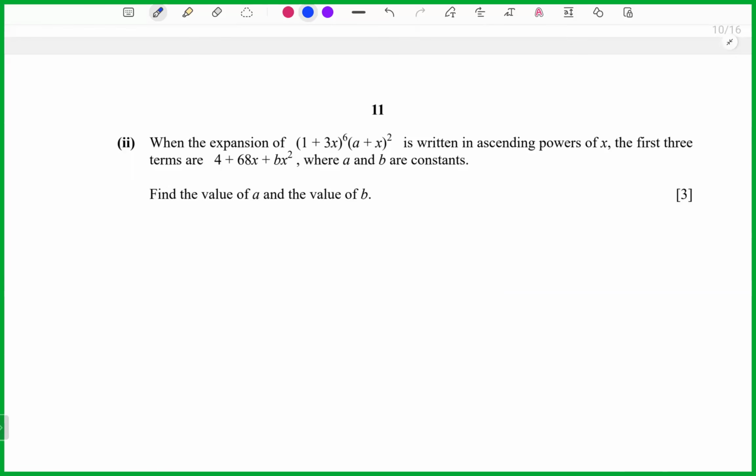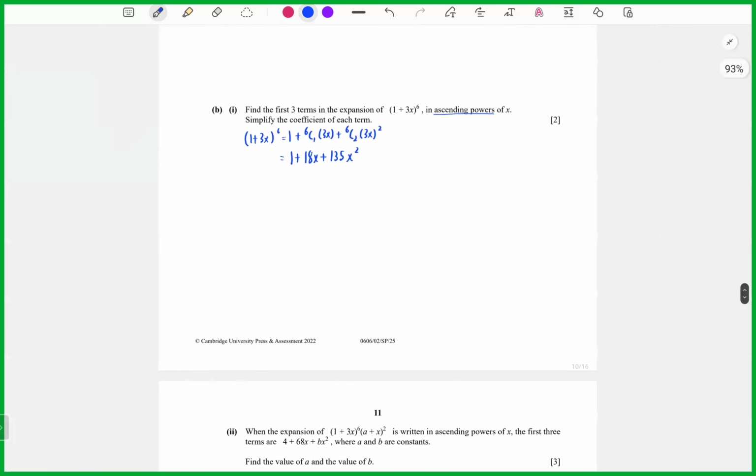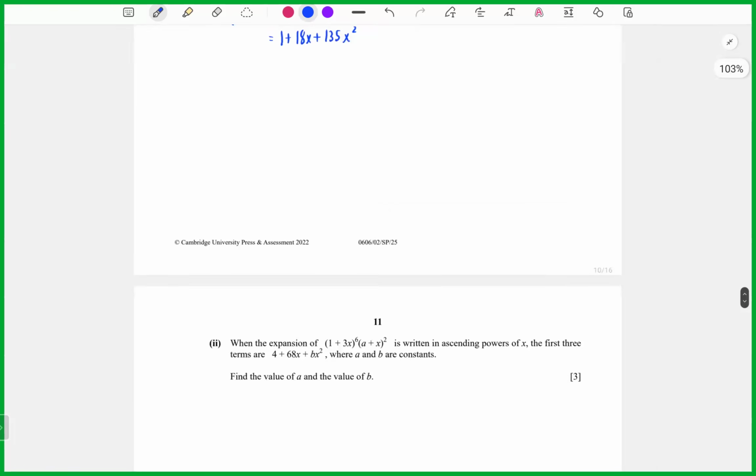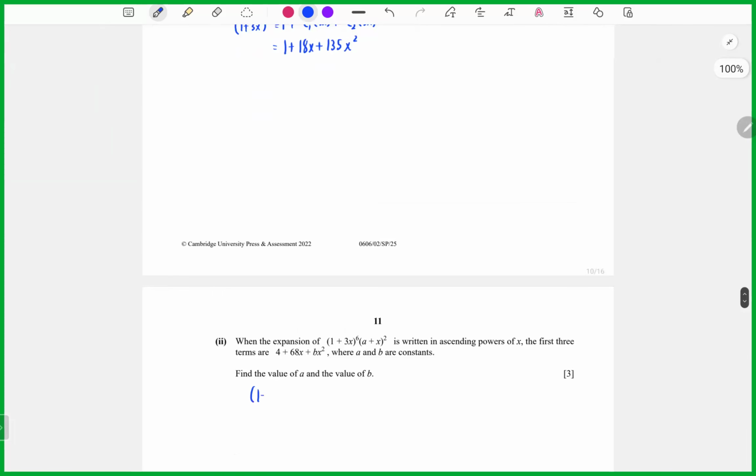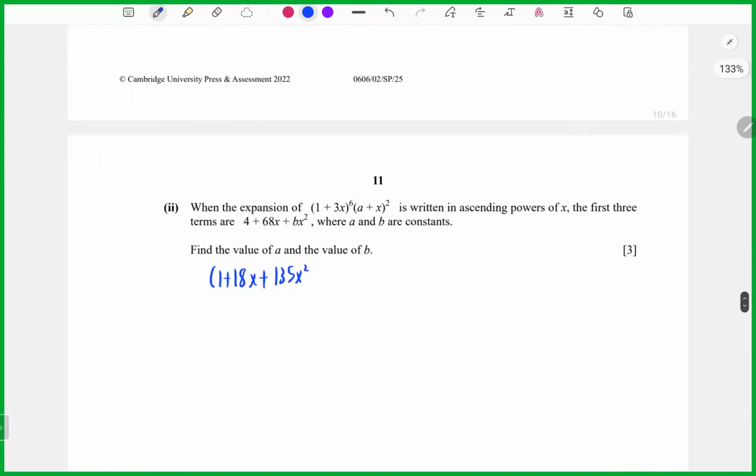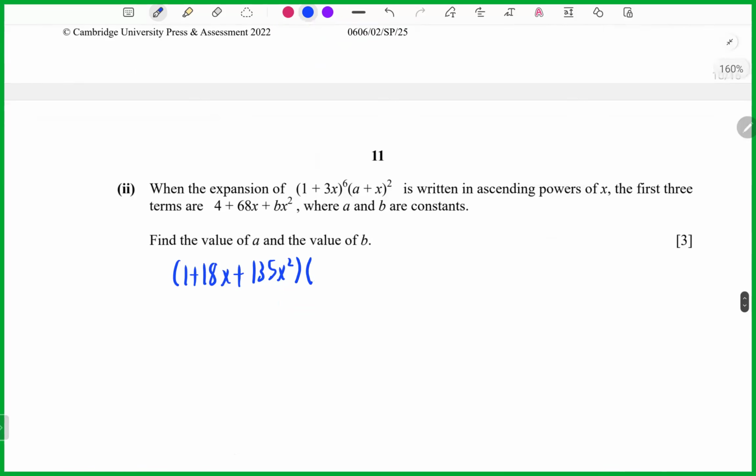Okay, so how do we find it? First we can take this expansion. We write here 1 plus 18x plus 135x squared in brackets, and then we expand a plus x squared, which is a squared plus 2ax plus x squared.